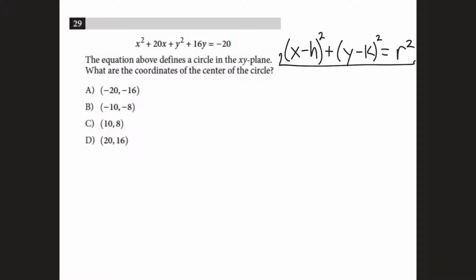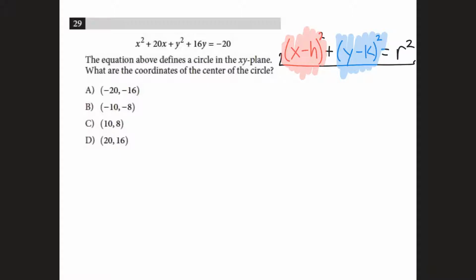So what we need to do here is to create these perfect square terms. This is going to be a perfect square. This is a perfect square. So we have to do what's called completing the square, and that will look like this.